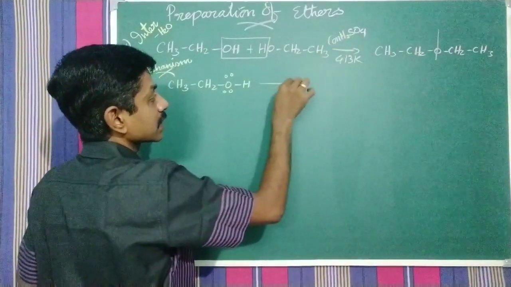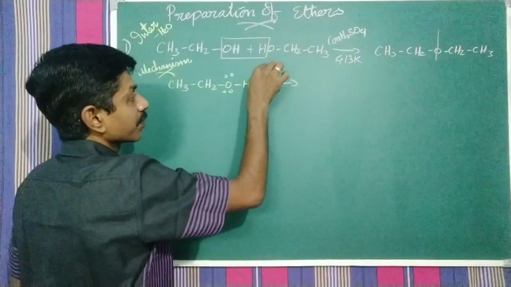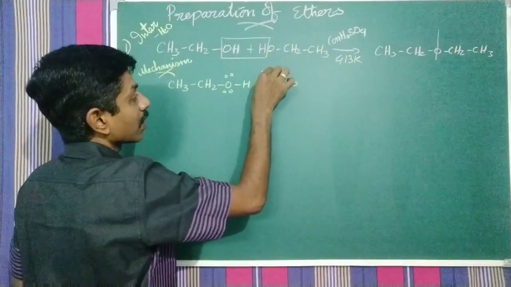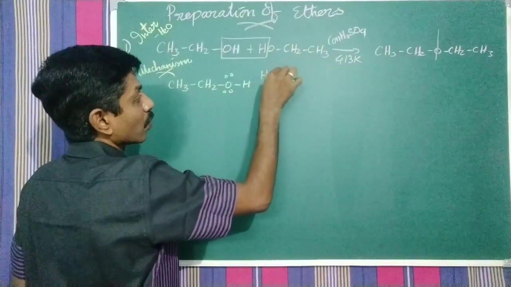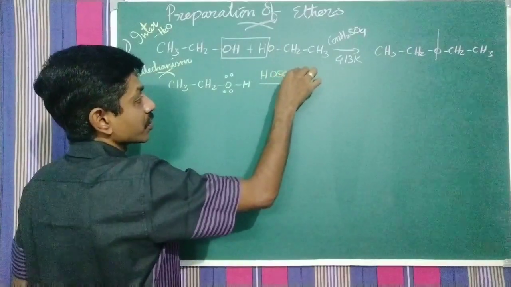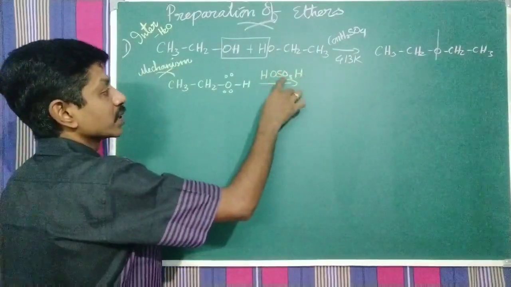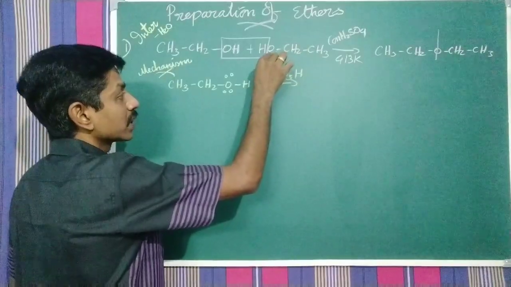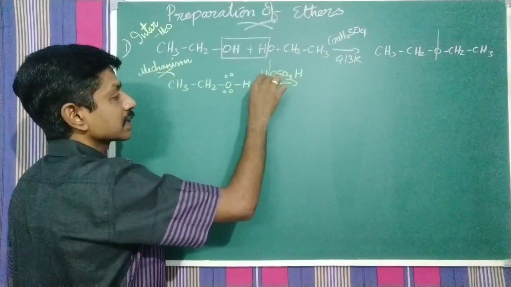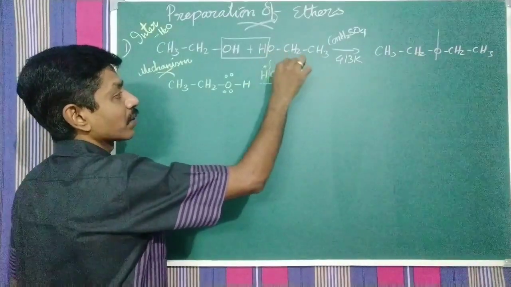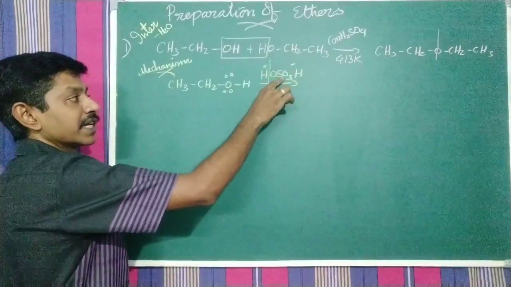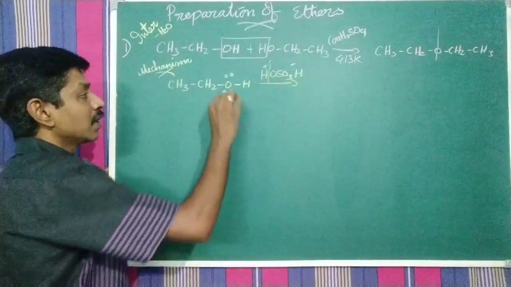Always, for acids, I write the same sulfuric acid formula, HOSO3H, H2SO4 only. That acid has the capacity to give out the H plus ion, and the sulfuric acid is giving H plus ion.